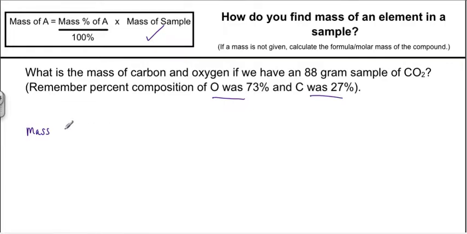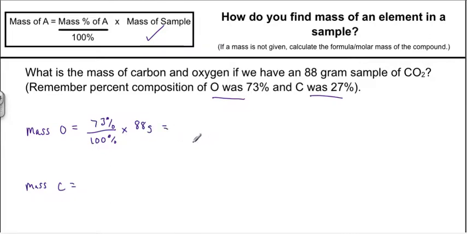The mass of oxygen, and then we'll have the mass of carbon below. So to find the mass of oxygen in an 88 gram sample, we're going to take the mass percentage of oxygen, which is going to be 73% percent composition, divide it by 100%, and then multiply it by the mass of the sample given, so 88 grams.